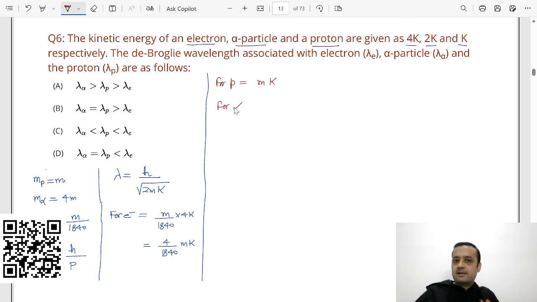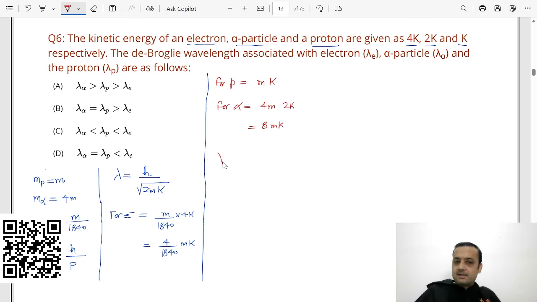And for the alpha particle, mass is 4m and kinetic energy is 2k. That means this will become 8mk. So the highest value we are getting is for the alpha particle. Second, we have the proton, and the smallest value we are getting is for the electron.